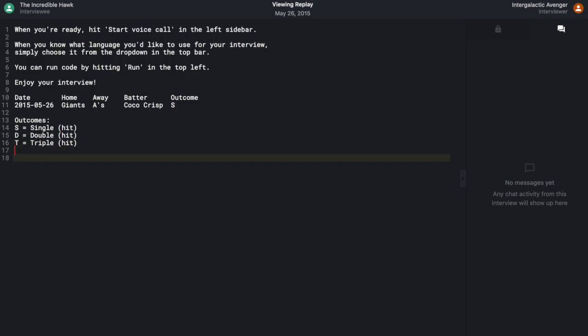T is a triple. H is the home run, also a hit. And then there's K, a strikeout, which is not a hit. F would be a fly out, something like that. So there's sort of a little code for what happened.